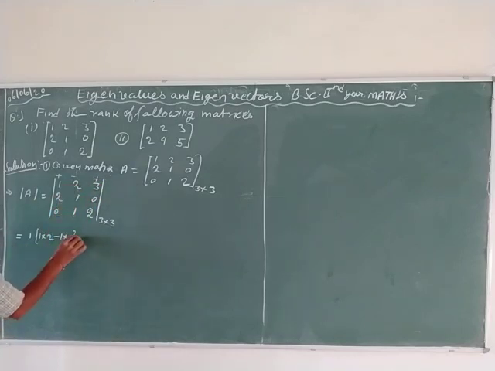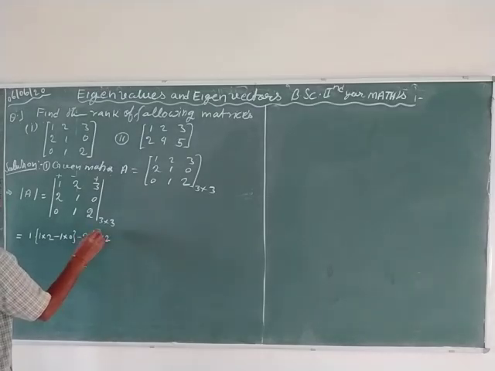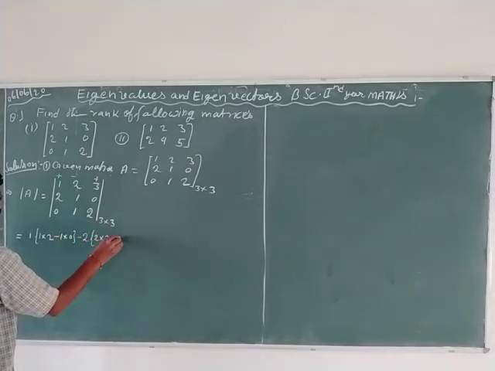So minus 2 in bracket, eliminate the first row and second column, so the determinant of 2 0 and 0 2 means 2 into 2 minus 0 into 0.